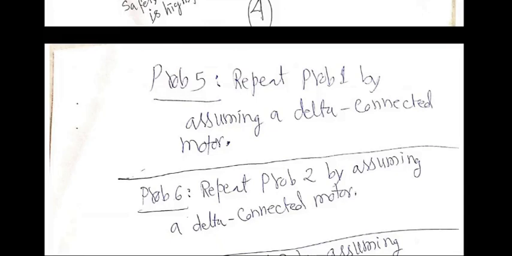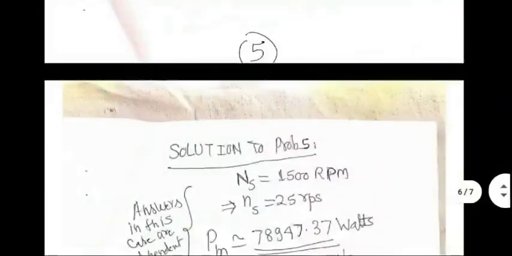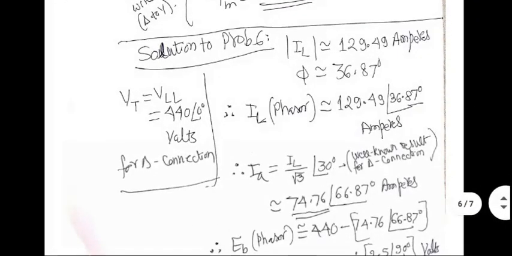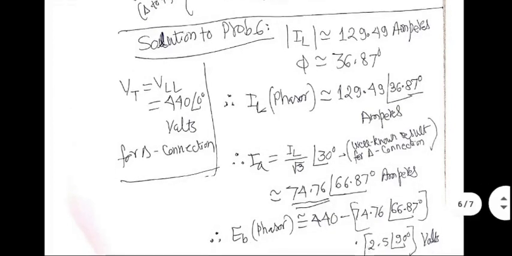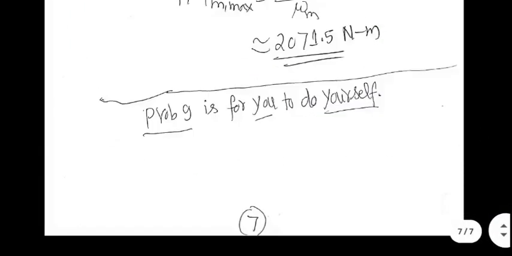Each phase has one armature, one generator, in fact. So keep that in mind and try to solve these problems. I think I have given you some details also. So try doing it yourself. Try double checking my calculations. I'll leave it to you.